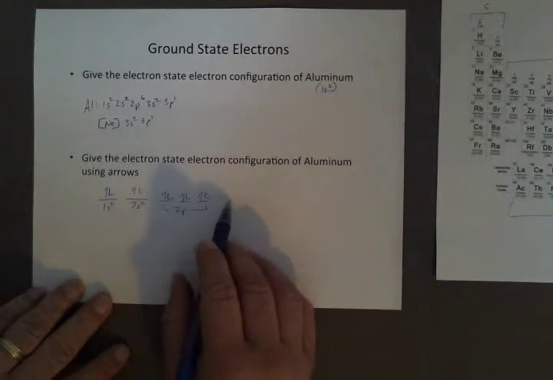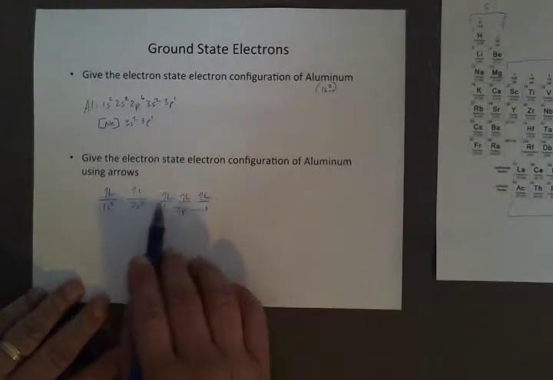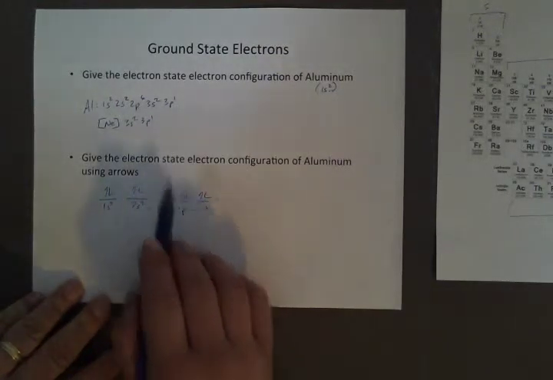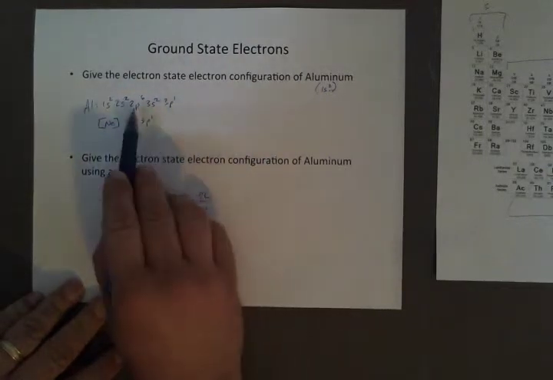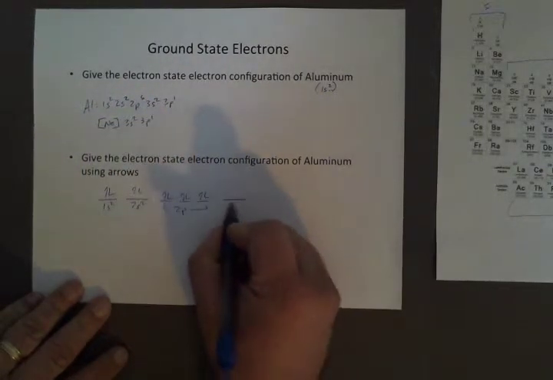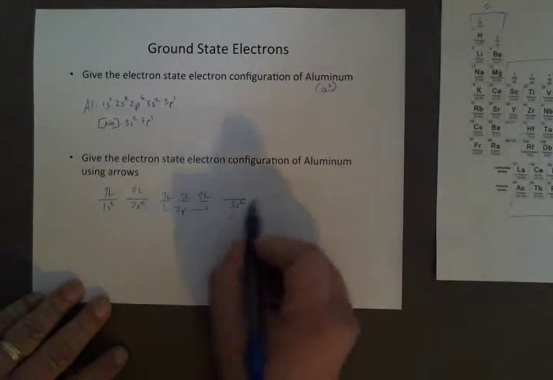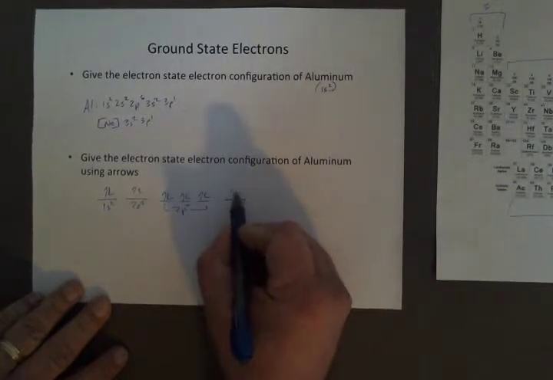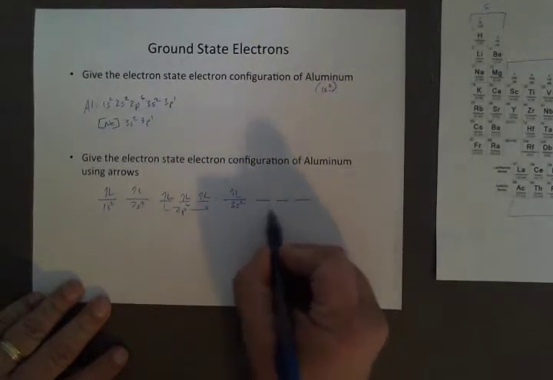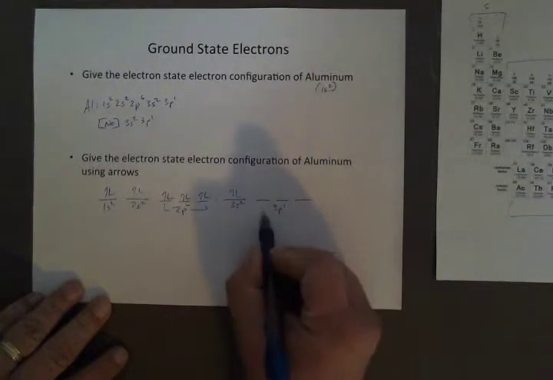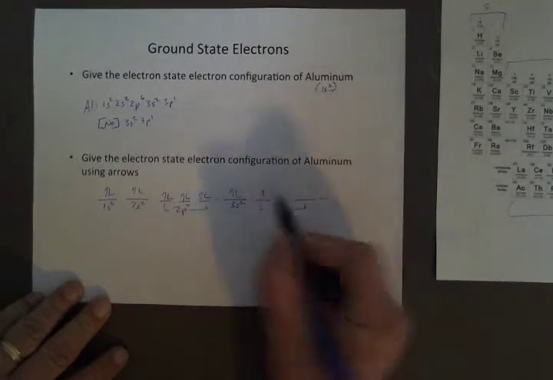You do the ups and then you do the downs, because electrons want to be individual before they want to be paired. Then 3s, there are 2 of them, and then 3p. We have 1, so it's just an up.